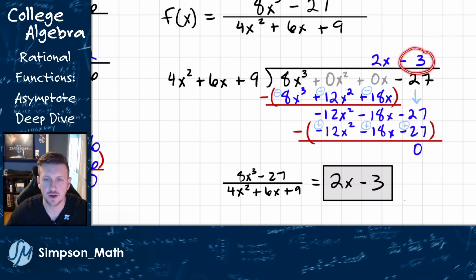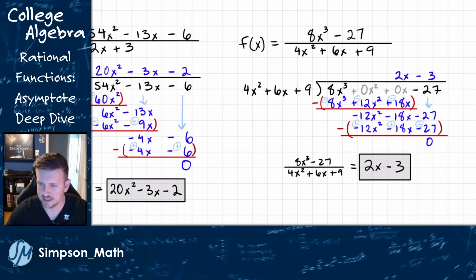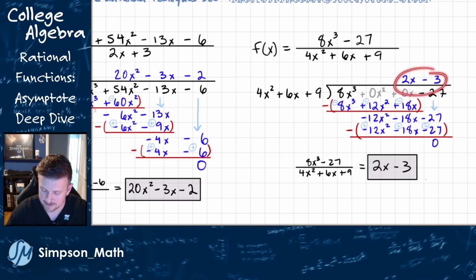I don't need an extra x squared, but I do need a negative and a 3. So do my distribution and get these terms. Notice these are negative signs, so when I subtract, they will then become positive. So that's why these become 0, 0, and they all do go to 0. That means that x squared plus 6x plus 9 is a factor of that numerator.